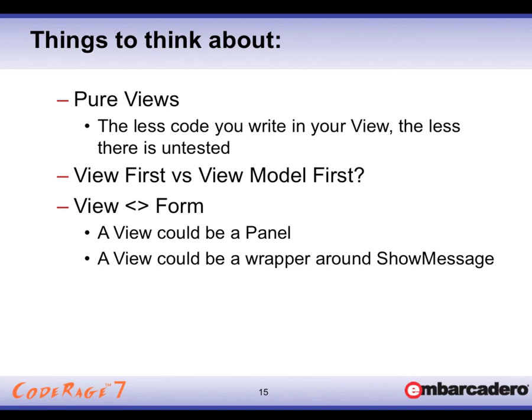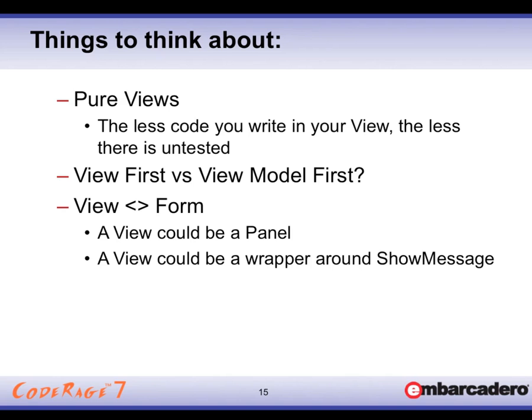We also touched on this next one before, this argument in the MVVM world about view first versus view model first, and this is really a chicken and egg discussion. In my example, you saw that my view models came first. I prioritized my view models first, and then I created the view to match the view model. There is an approach to MVVM where you create the view first, and it is responsible for creating the necessary view model.